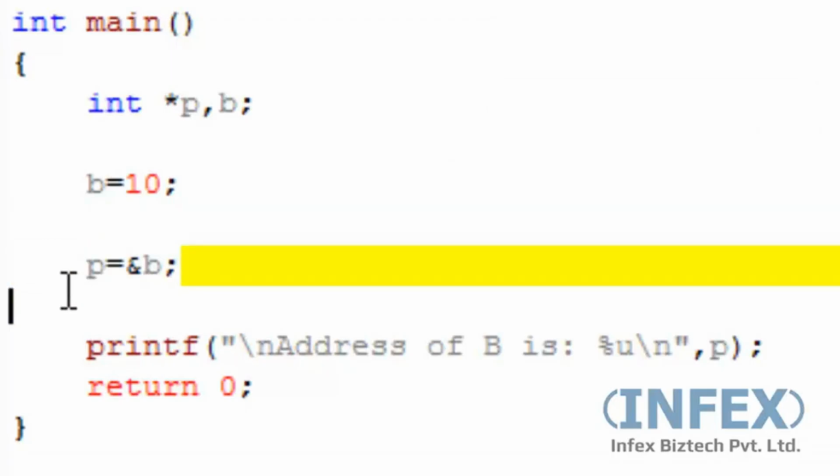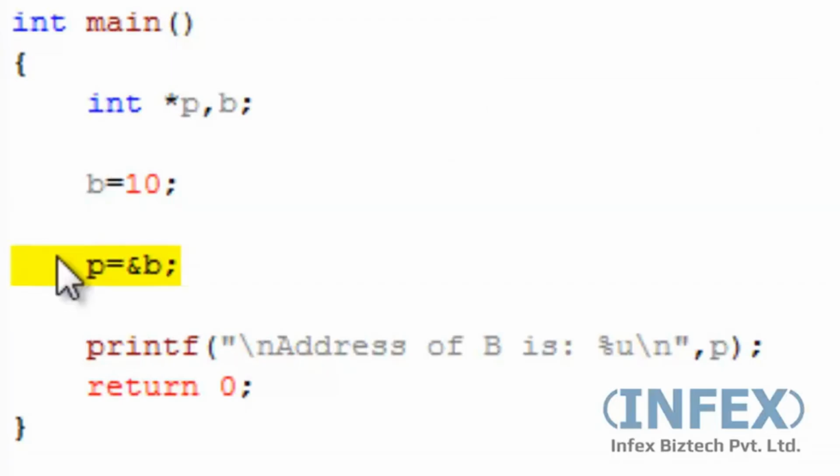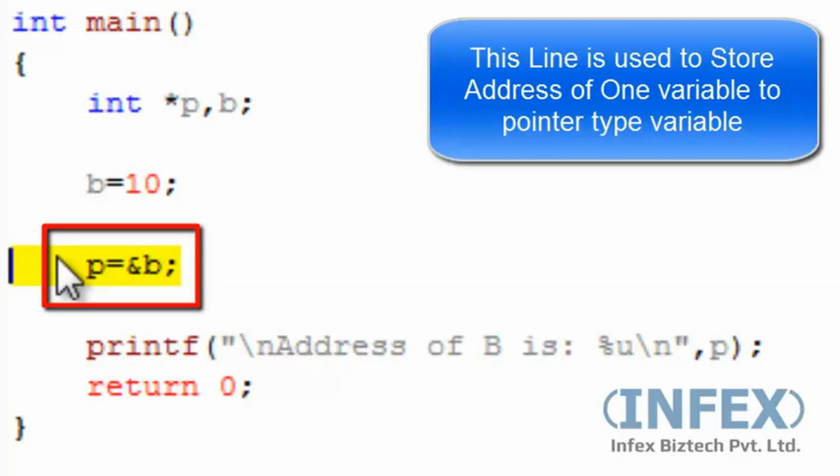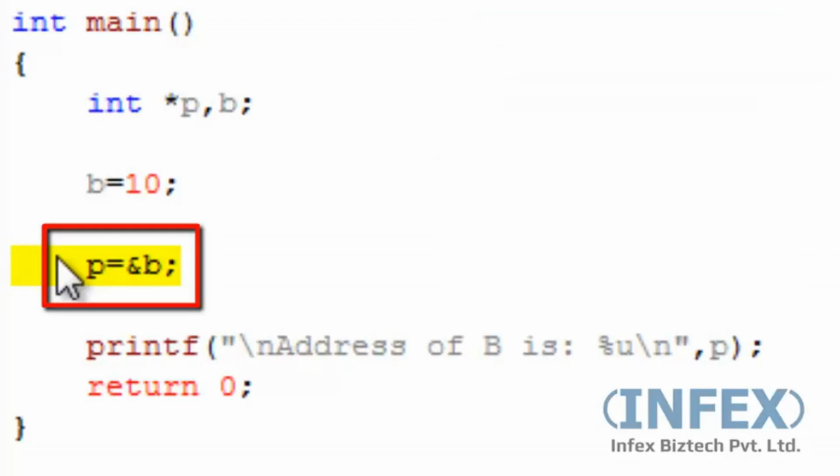So I have written this line, p is equal to ampersand b, meaning p is equal to the address of b. The ampersand sign is used to access the address of any particular variable. So this line will retrieve the address of b and store it into the p pointer type variable.